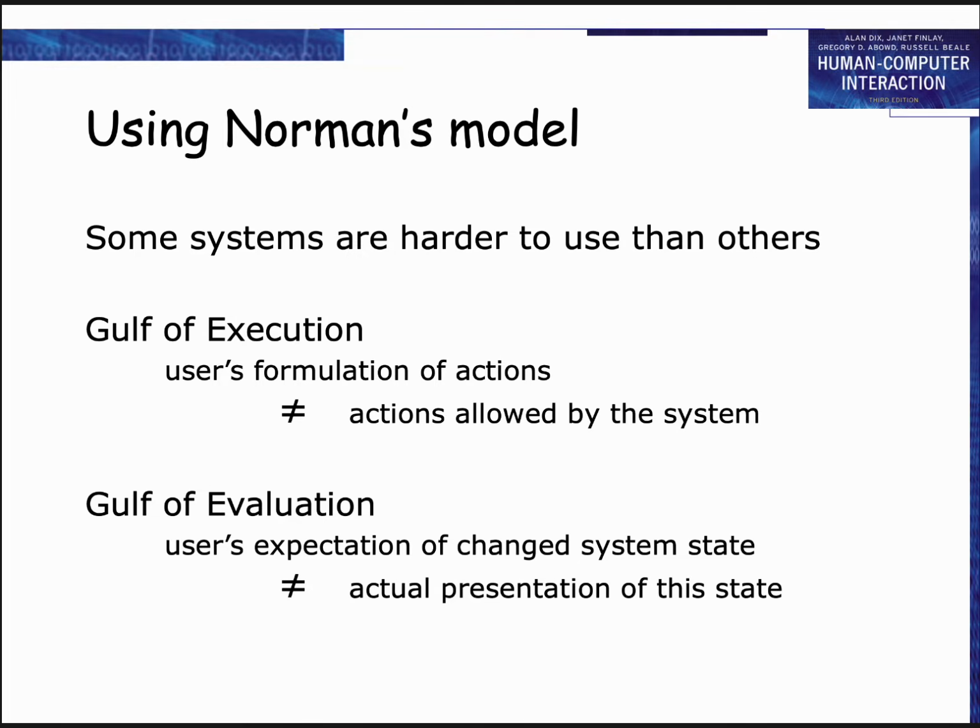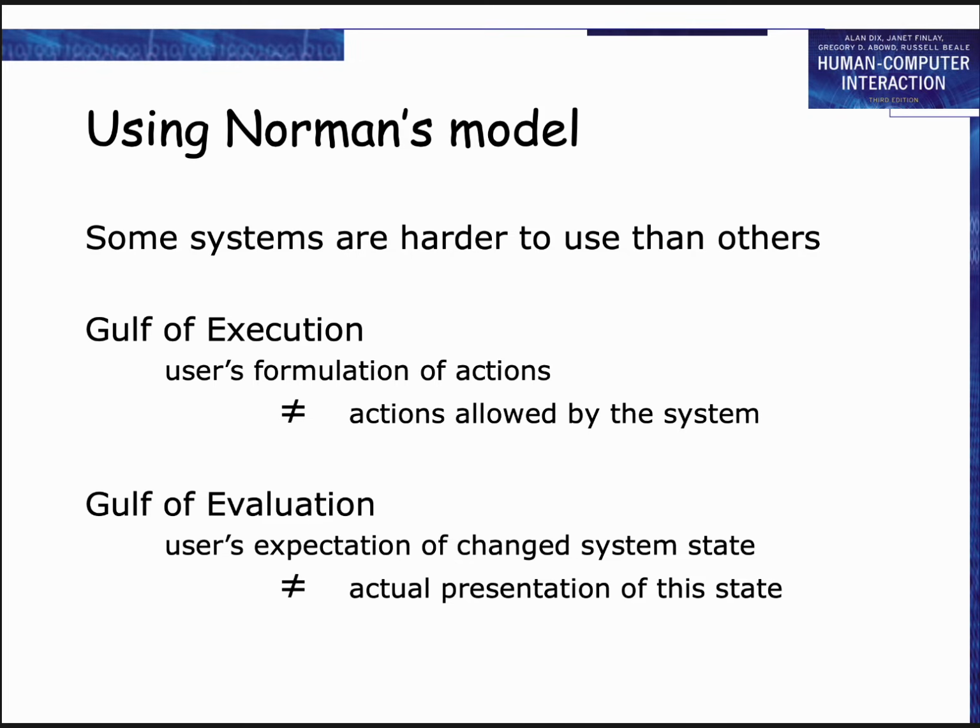Okay, number two, we have the gulf of evaluation. The gulf of evaluation is the degree of ease with which a user can perceive and interpret whether or not the action they performed was successful. The gulf is small when the system provides information about its state in a form that is easy to receive, interpret, and matches the way the person thinks of the system.